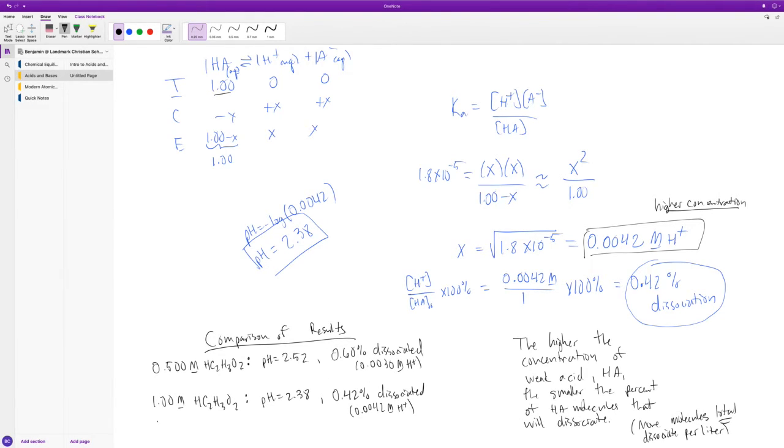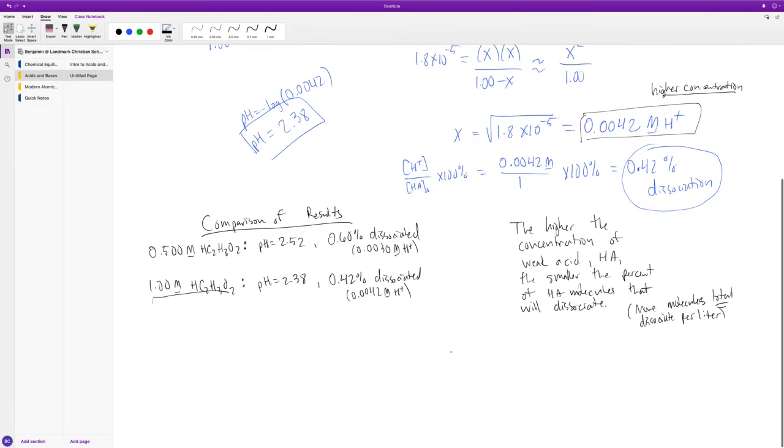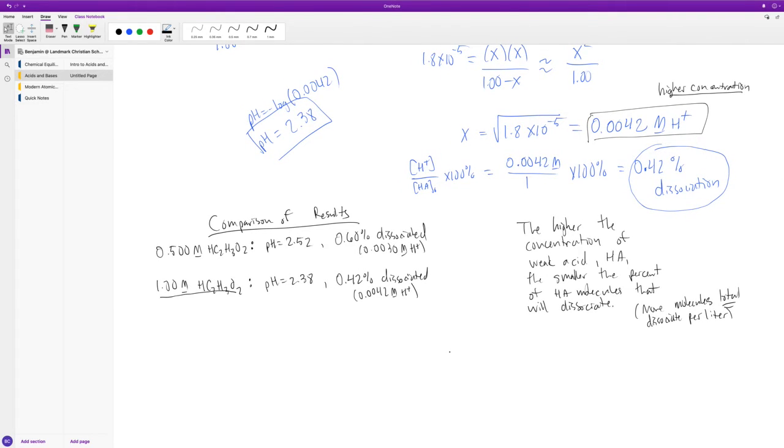Okay, so in the more concentrated weak acid, we did get more H plus, and that's why the pH is lower, but the percent is actually less than this percent. Okay, and to rationalize that, I'm going to talk about the mass action expression, and then we can be done.